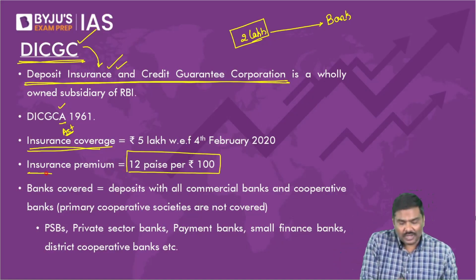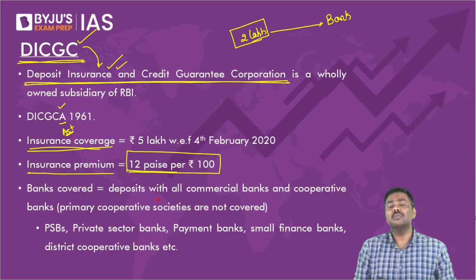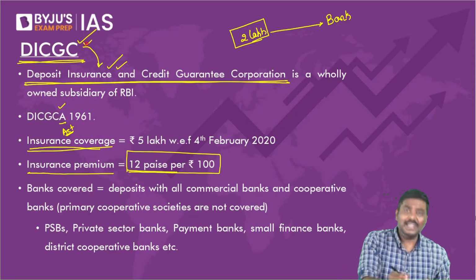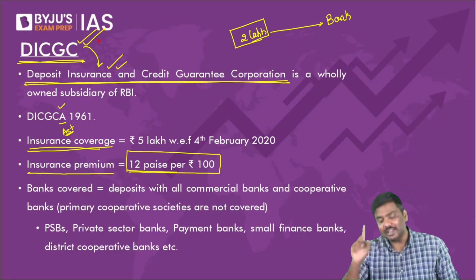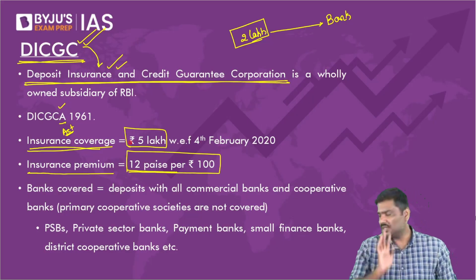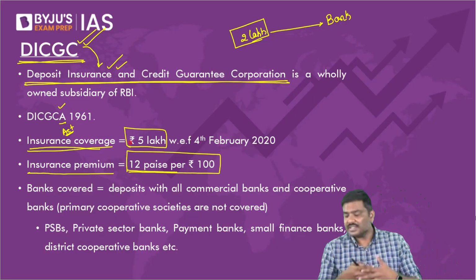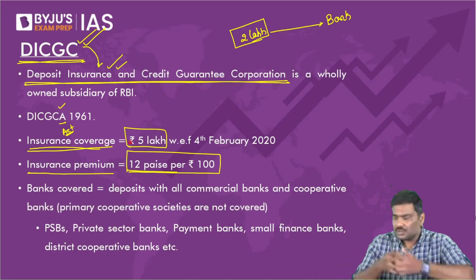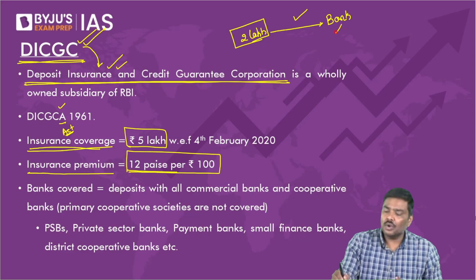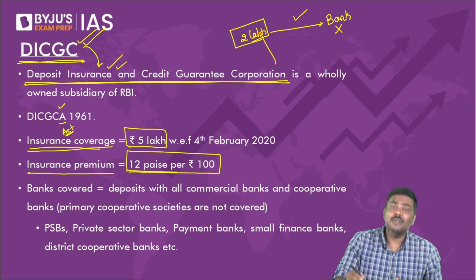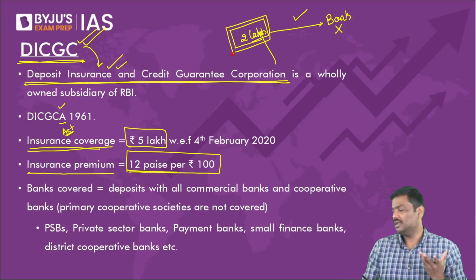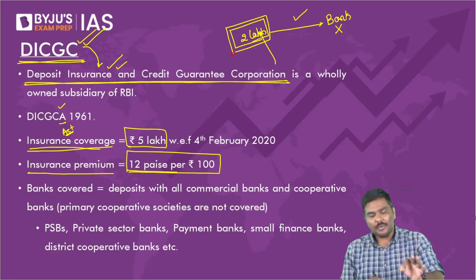So the banks pay an insurance premium of 12 paise for every 100 rupees, and it is this authority, DICGC, which provides insurance coverage of up to 5 lakh rupees for these deposits. That is, if the bank closes, the DICGC will provide me the insured amount. That will be 2 lakh rupees here.